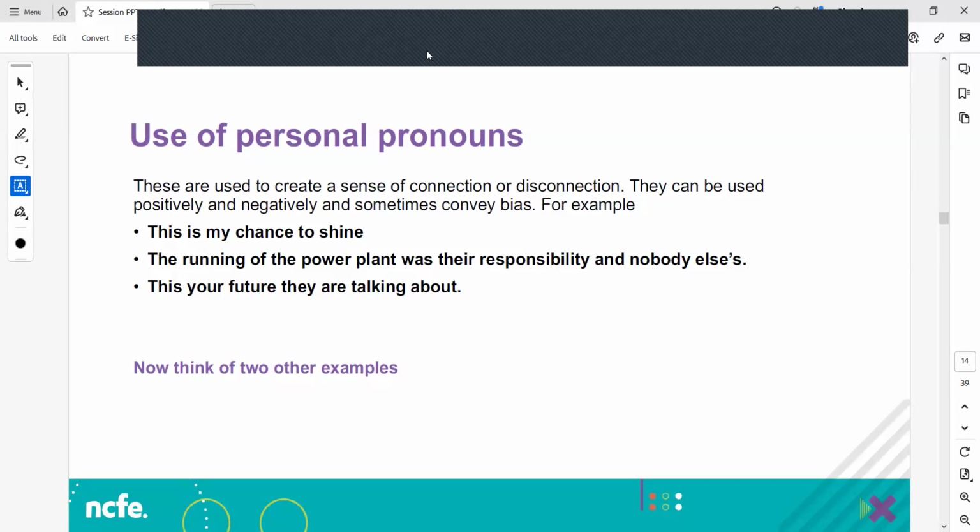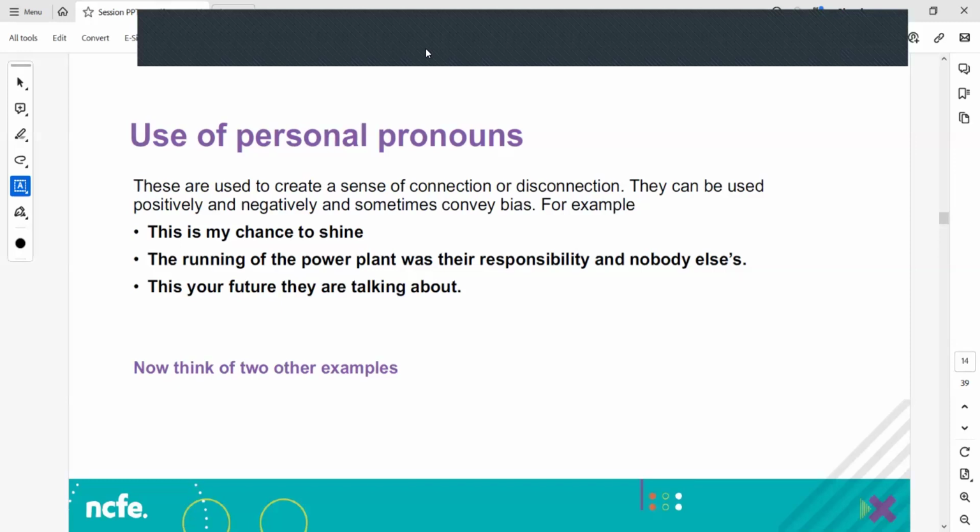But all of those is to create this sense of connection or disconnection. Okay, so can anyone give another example using personal pronouns? So you, my, their, we, and so on.